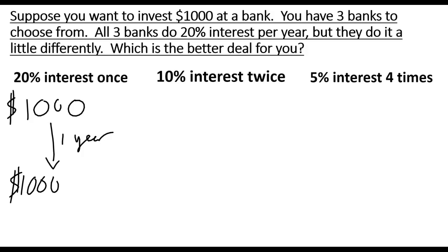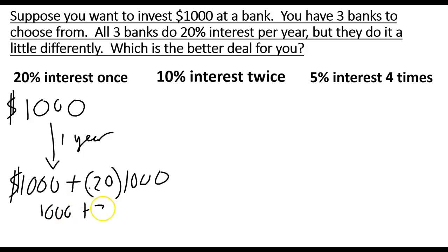But they promised they would give you an additional 20%, 0.20 of 1,000. Okay, now that actually turns out to be $200. And so at the end of the year, you're making money. You just made $200 for letting that bank have your money. So these guys promised to give you 20% once at the end of the year.